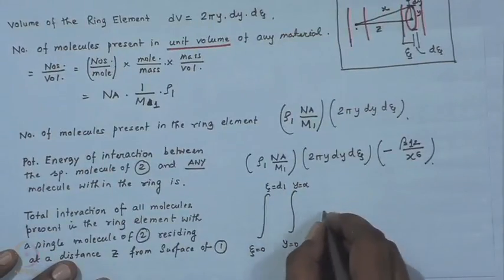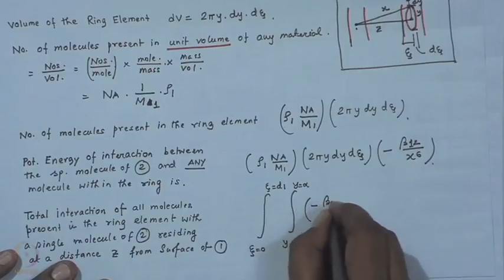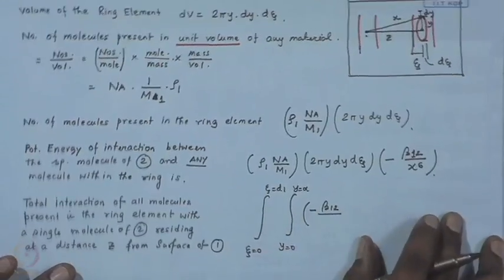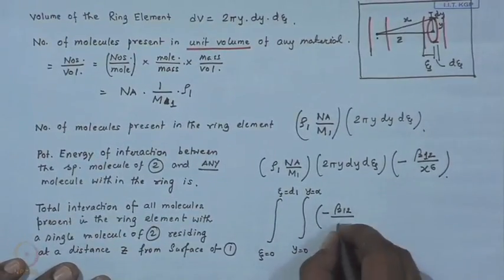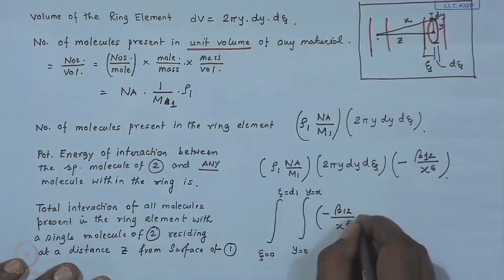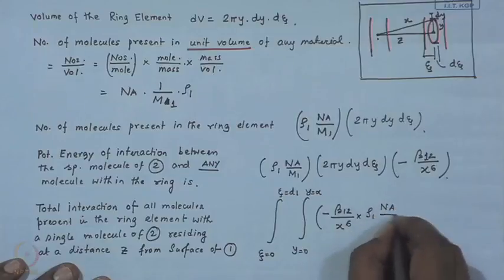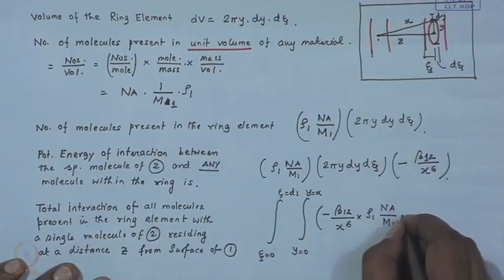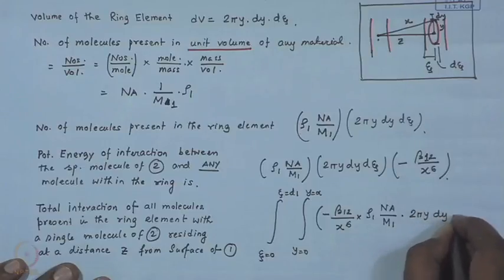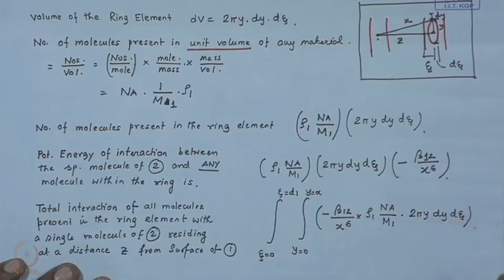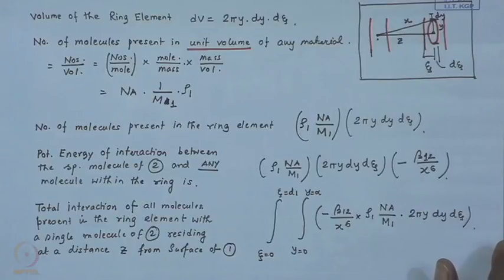and the integral is on minus beta 1 2 divided by x to the power 6 into rho 1 Na by m 1 into 2 pi y del y del zeta.